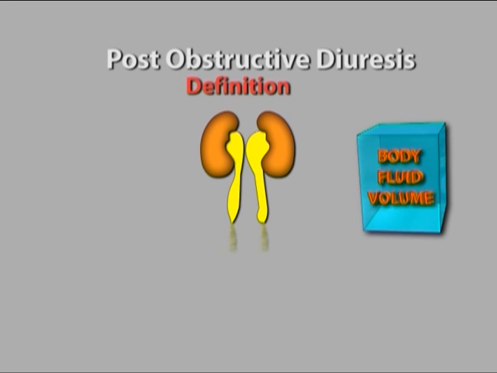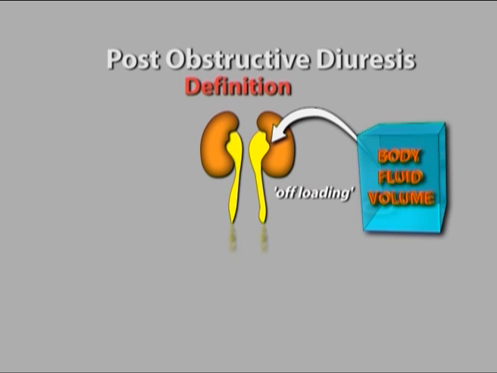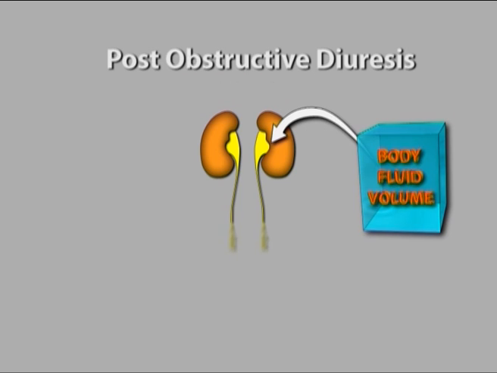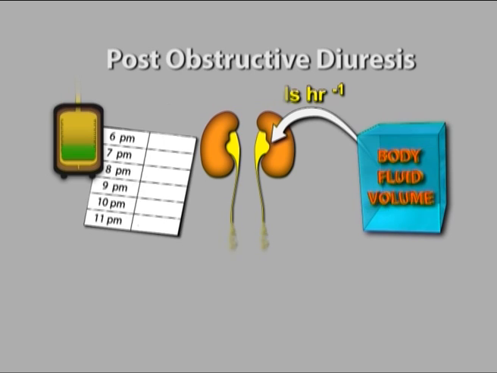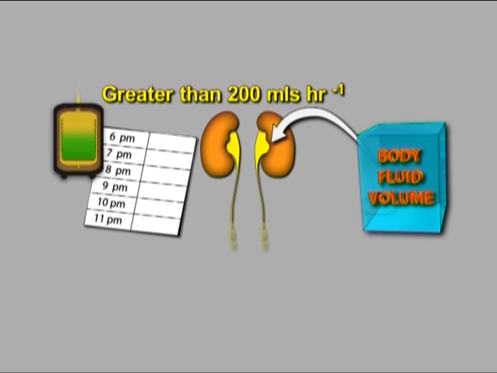Quite simply, the offloading of the excess fluid accumulation comprises a normal physiological diuresis, and the volumes of urine produced will vary in degree. In health, most kidneys can comfortably handle a loss of up to 200 ml per hour. By and large, losses of greater than 200 ml per hour that are sustained for more than a few hours tend to be more worrisome.